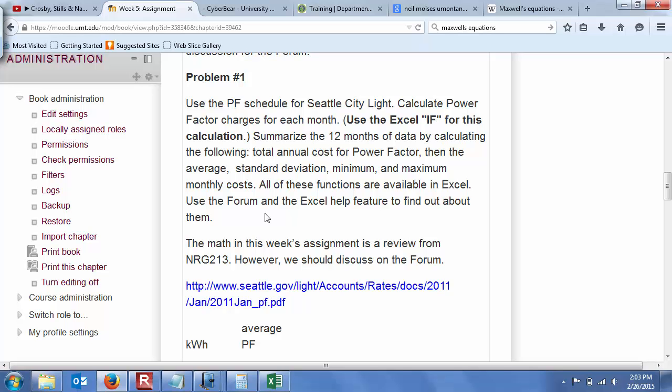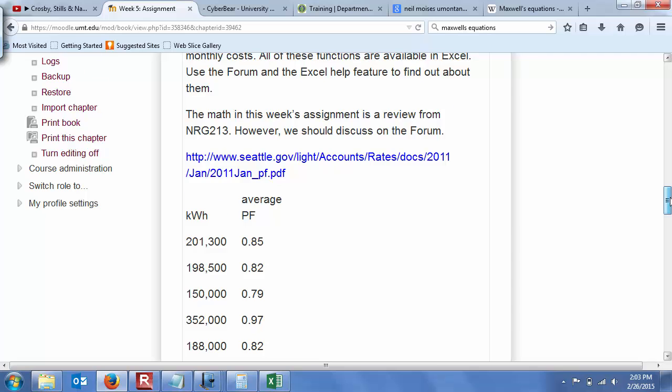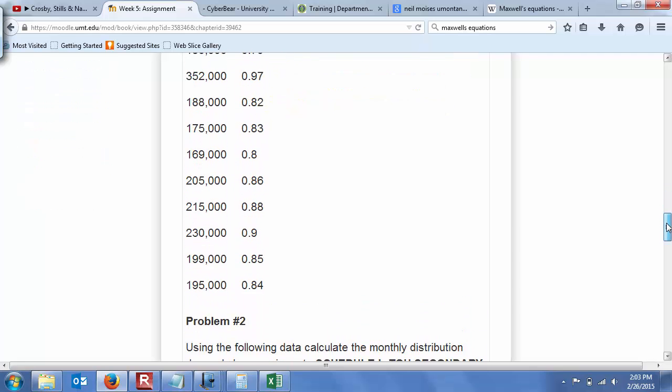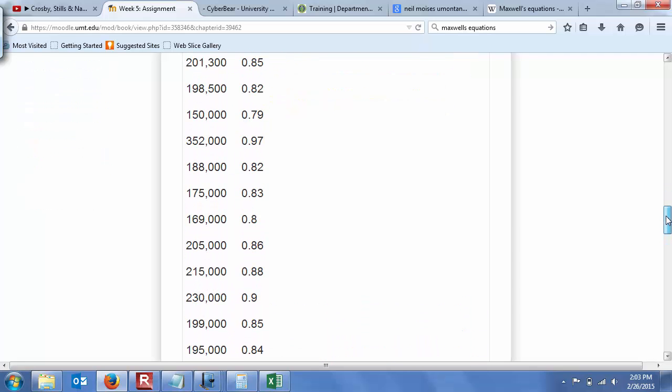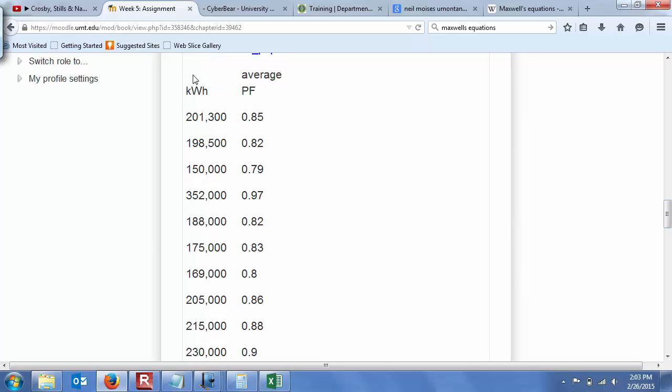Summarize the 12 months of data by calculating the following: total annual cost per power factor, then the average, standard deviation, minimum, and maximum monthly costs. Okay. Did he just recopy? Oh, I see. So we got the data. All right, let's go.